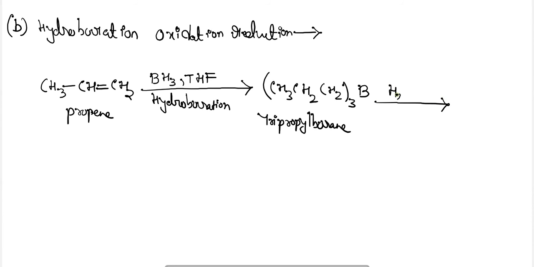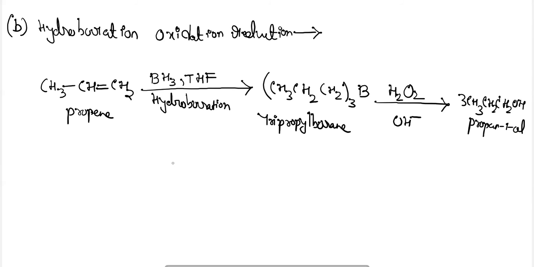With the action of hydrogen peroxide we will produce an alcohol, that is propan-1-ol.